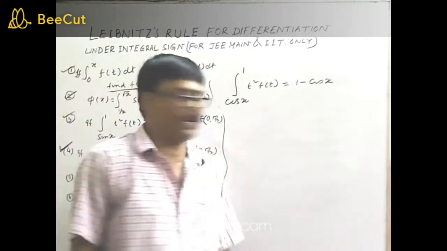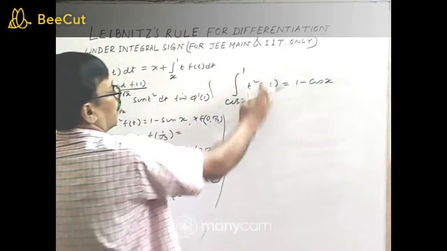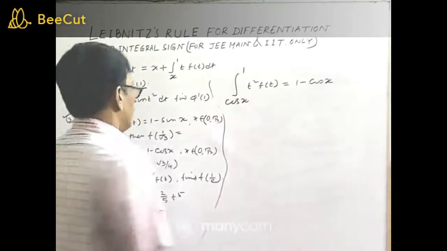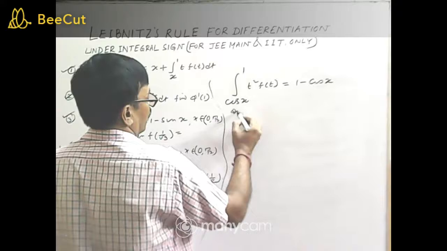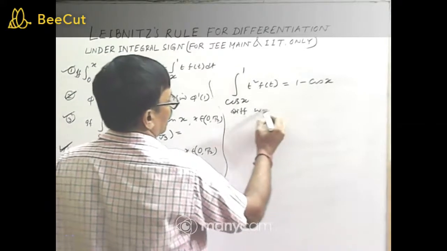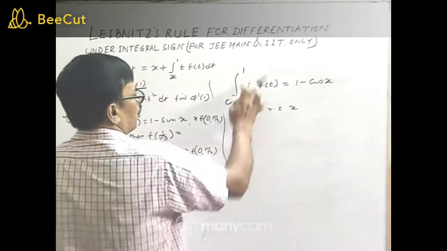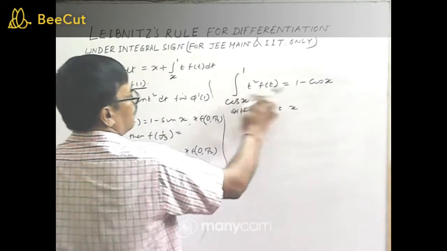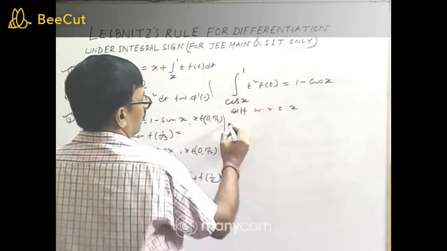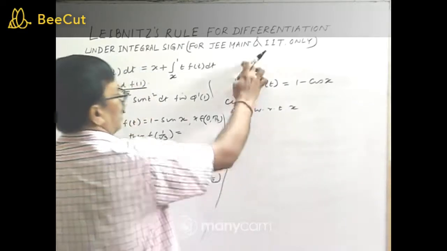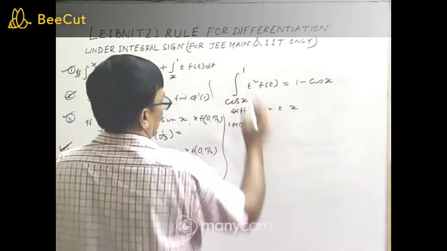Again we do not know the form of f(t), so we cannot integrate. So we differentiate with respect to x. t is replaced by 1, so 1 times f(1) times 0, because the upper limit is constant.